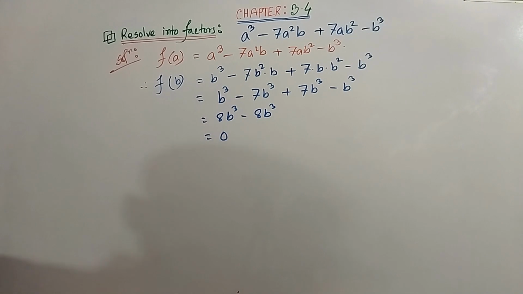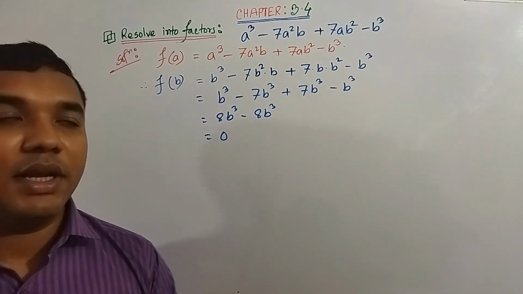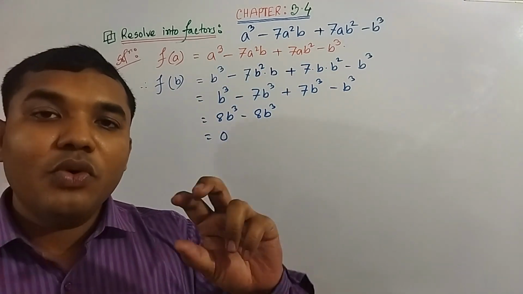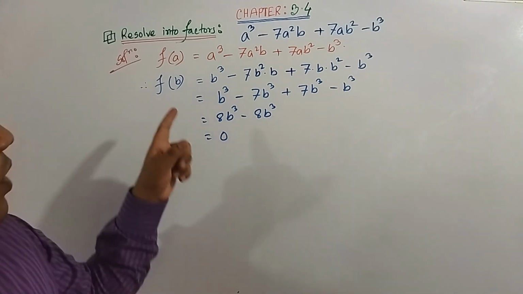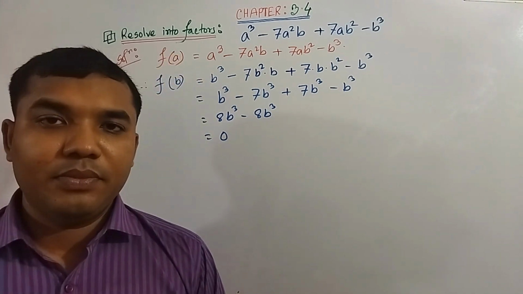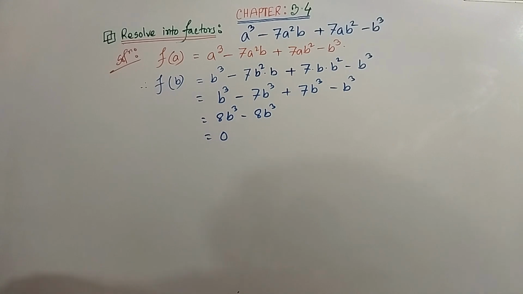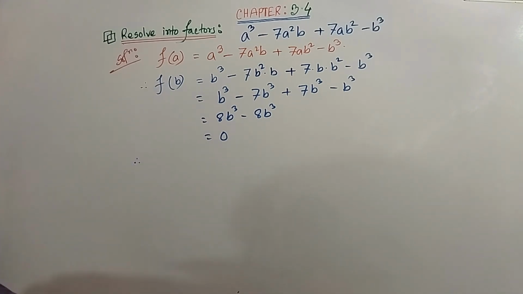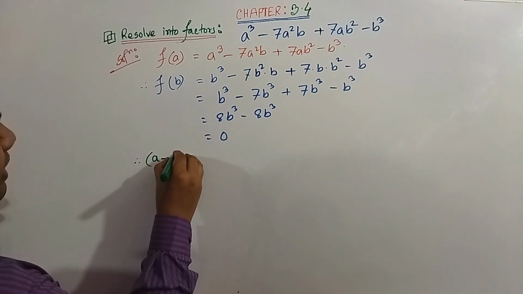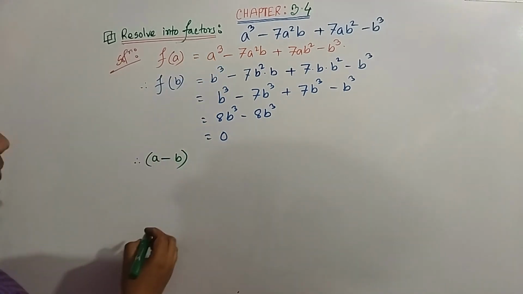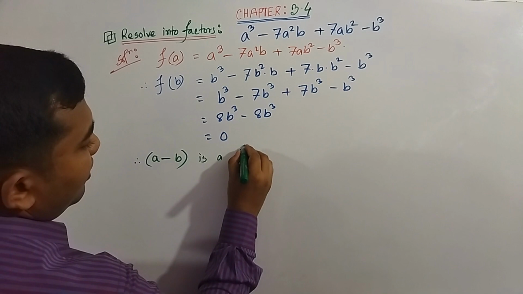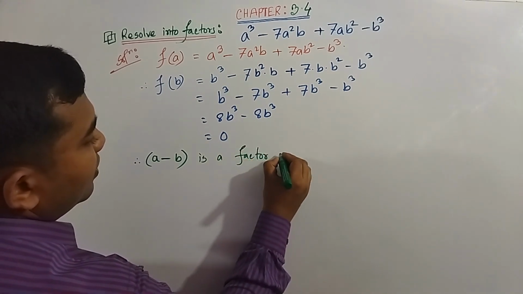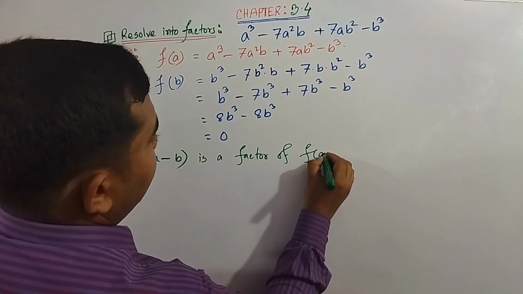So dear students, what I was trying to tell you is that if there is a two variable related problem, one must be written by the other one. Okay, so what should be the factor of it? So here the factor should be a minus b, variable minus value, is a factor of f of a.